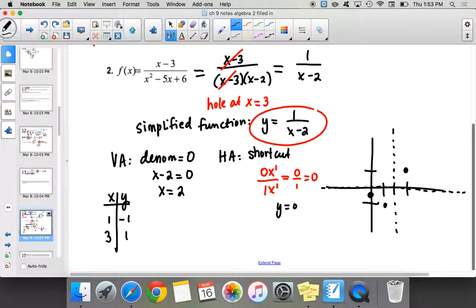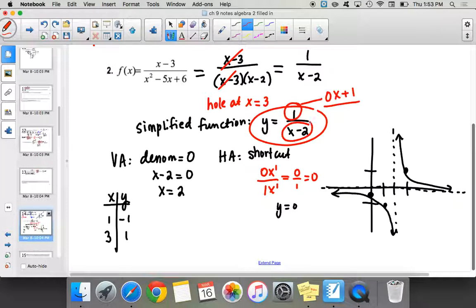Yeah? Okay, I'm sorry. I don't understand why it's 0x to the first over 0x. Oh, how I got the horizontal asymptote? Yeah. Okay, so remember horizontal asymptotes, I said, there's a shortcut. So we do our shortcut method, which is looking for our largest degree. So when we have 1 here, that's like no x values and a 1.